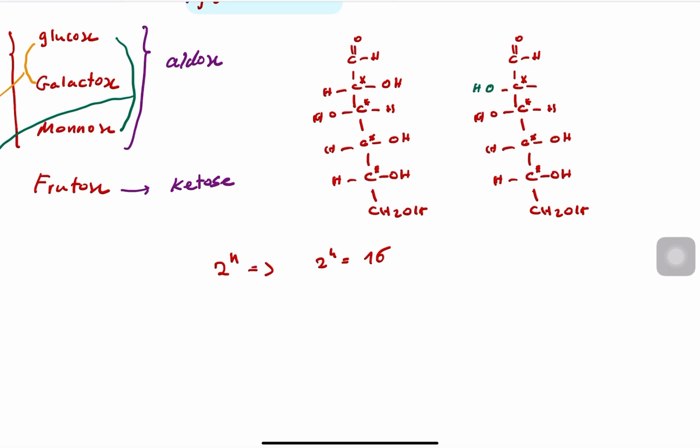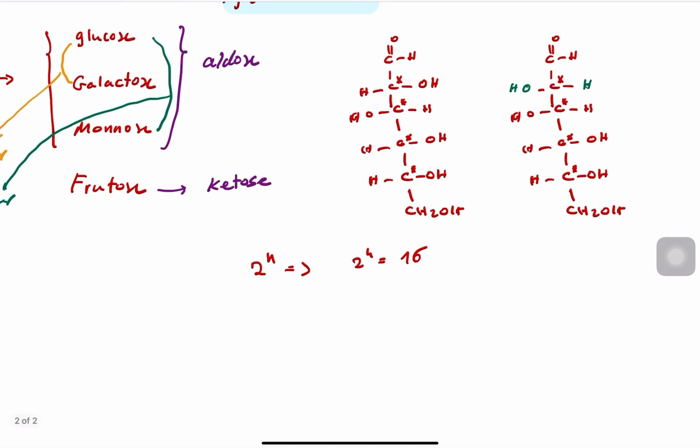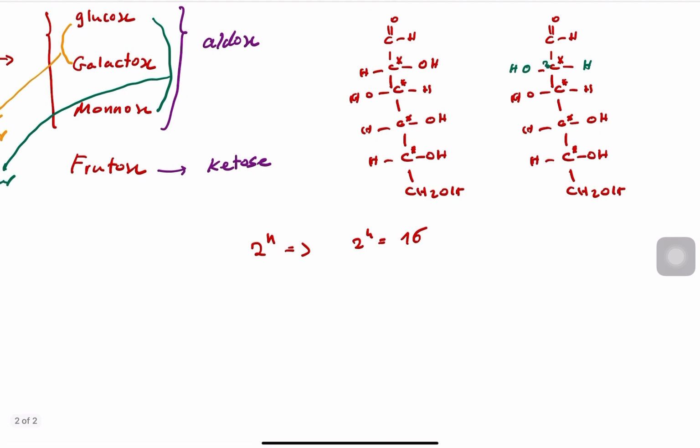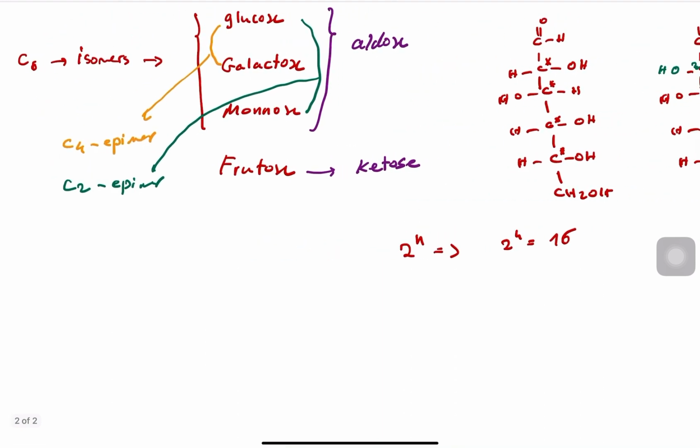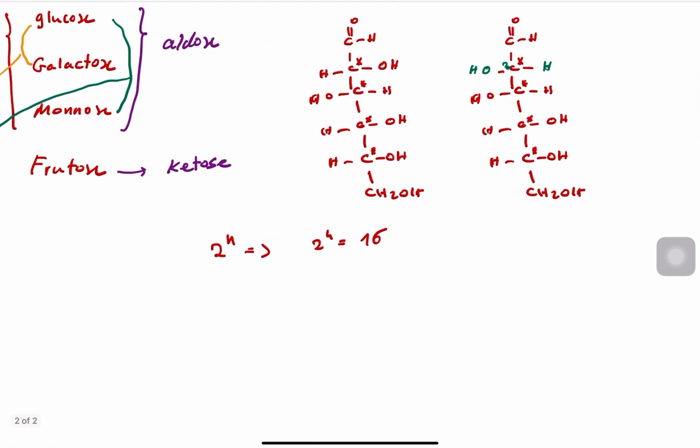It is OH here and H here. As you see here, in carbon number 2, which is optical active, we change the position, then it will be C2 epimer, and it is a mannose.